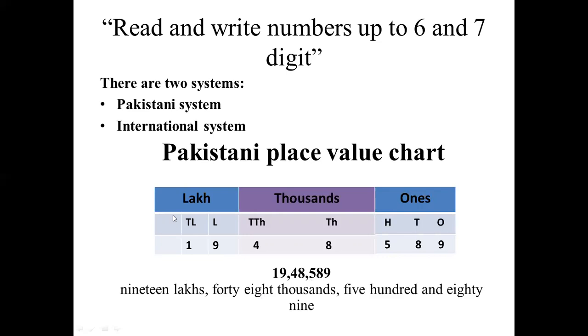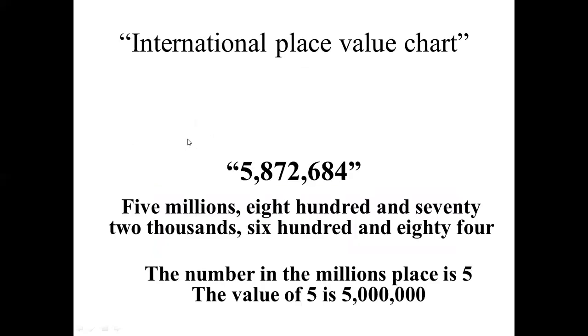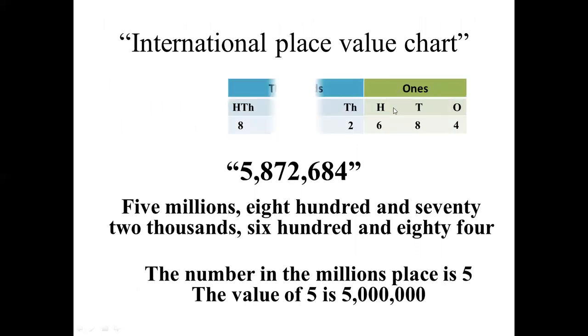Moving towards the next system that we call the international system. In the international place value chart, we have again the ones column the same as it is, but there is a little bit of change in the thousands column because we are following the international place value chart.